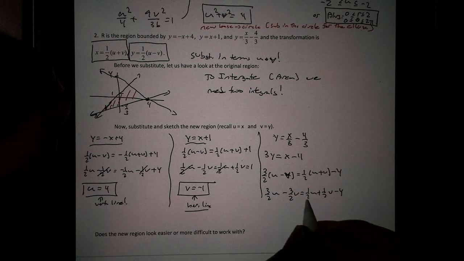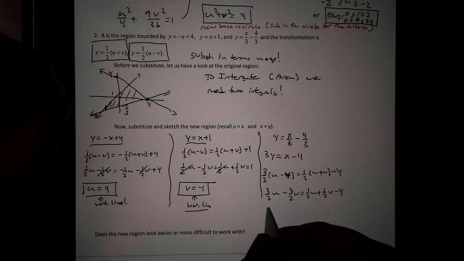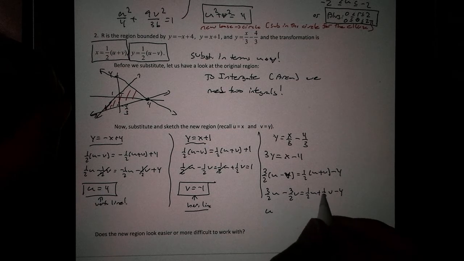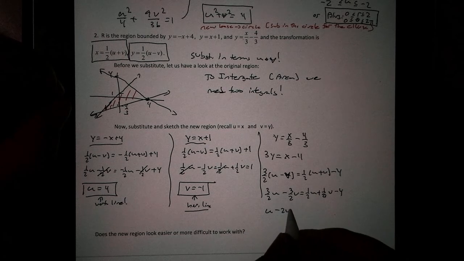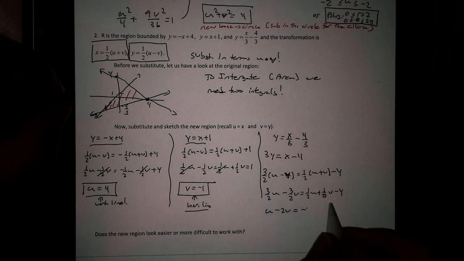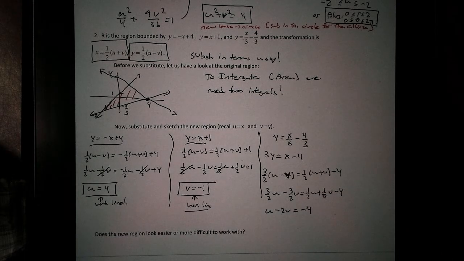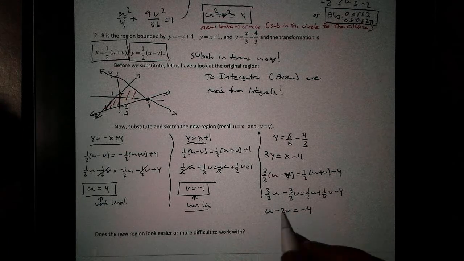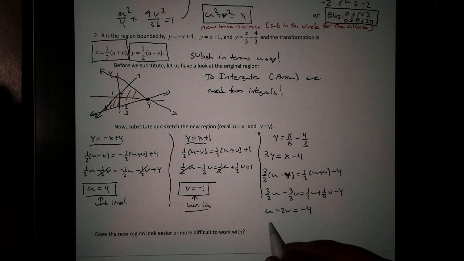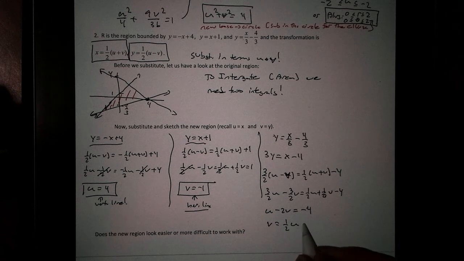Solving for the u's here, bring over the u. We get u minus 2v equals negative 4. And then I'm going to solve for v, because remember v is like my y, so v would equal 1/2 u plus 2. Really ugly there.